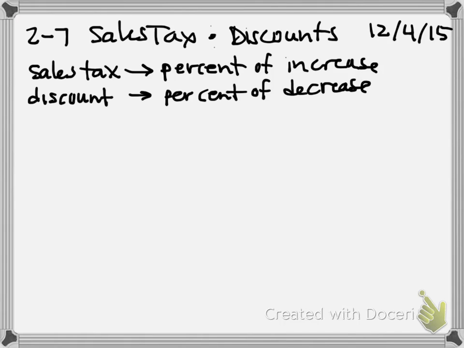So let's think about how this would look if we had a percent of increase. Basically with sales tax, you have a subtotal, and that is going to get multiplied by your tax rate, and then you're going to get sales tax.